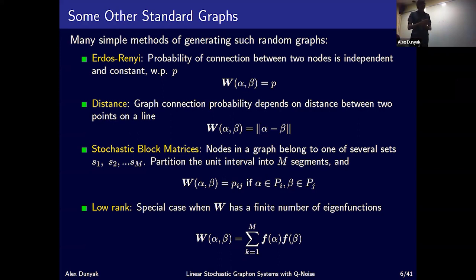And finally, the special case we'll look at later: when the graphon W has a finite number of eigenfunctions, then you can explicitly write W as the finite sum of f of alpha times f of beta for the k eigenfunctions.